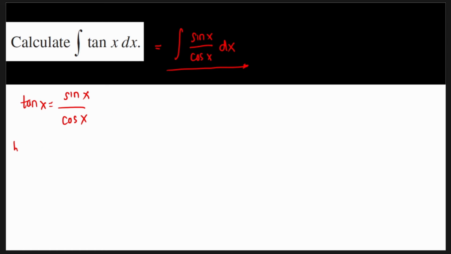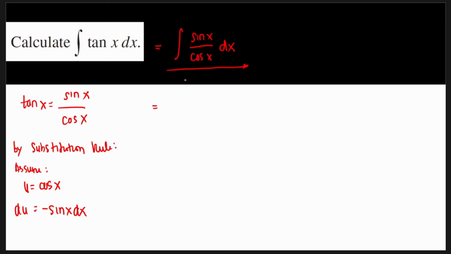So by substitution rule again, let's assume that our u here would be cosine x, while our du here is equal to negative sine x dx. And so we need to have a negative value for your du. So what happens here now, if we try to break down to separate the terms so that we can easily substitute, we need to multiply a negative symbol.